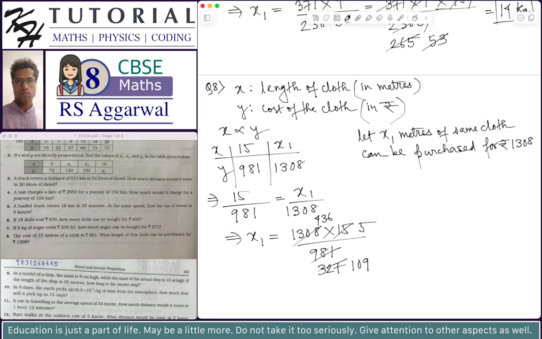Now 109 divides 436 with 4. So this is equal to 20. So 20 meters is the answer. So 20 meters of the same cloth can be purchased for rupees 1308.